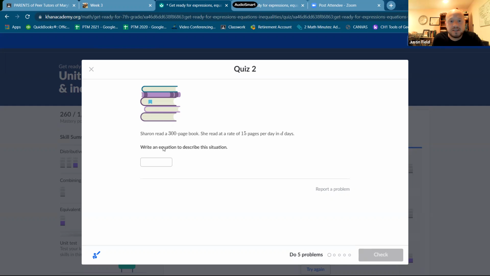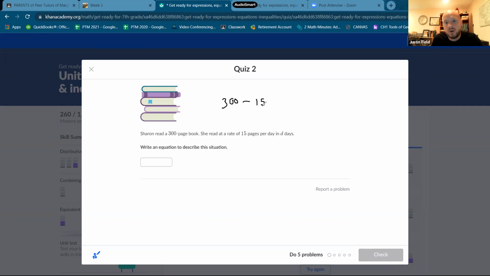All right, so let's make sense of this problem. The book has 300 pages, and she read the whole book. And she read 15 pages per day. So if she had 300 pages to read, then we are taking away 15 pages each day.